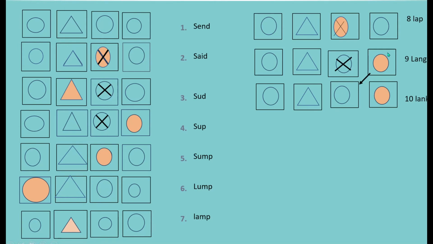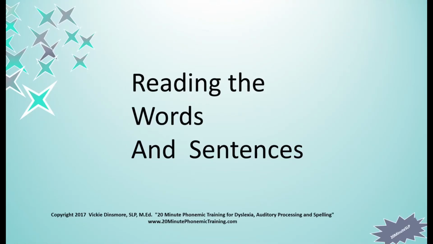The ng is still there, but it's moved. Lang, and then we put the k on it. Lank. And the last sound changed because we added it. And that's the way your paper would look. Next, we're going to practice reading the words.